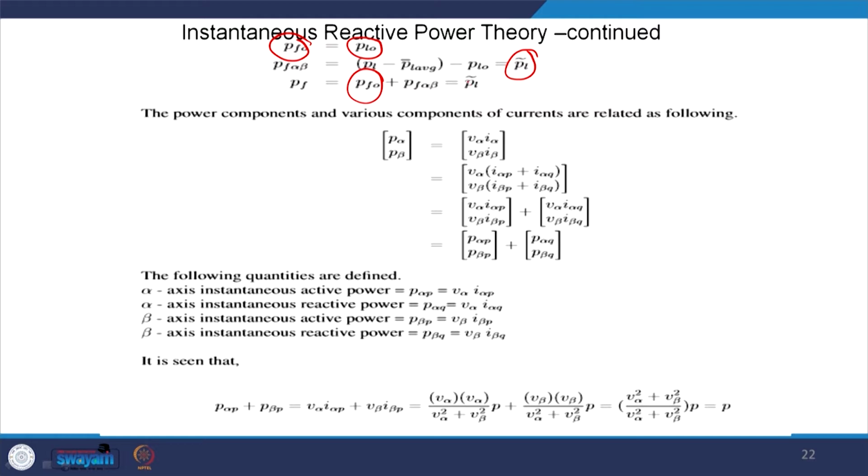So, if you go for the matrix representation, the power component and the various components of the current can be related as follows. Here P alpha, P beta, we shall use the notation P here, no Q will be used here.